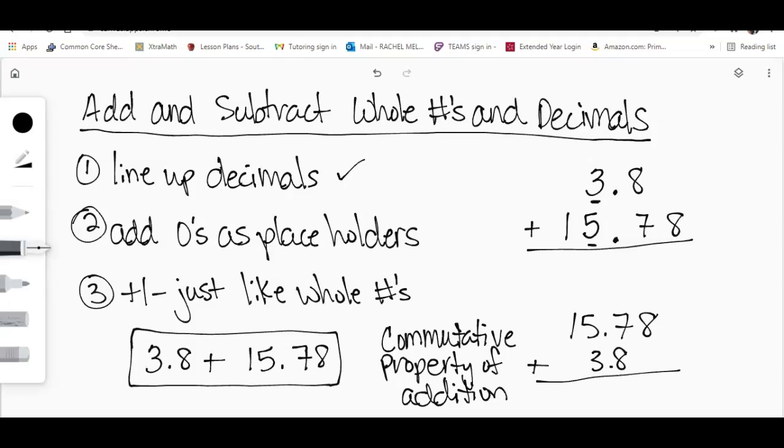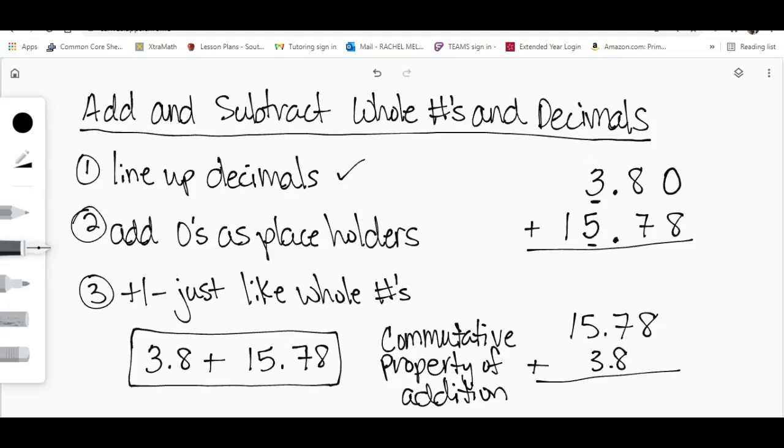Remember, if I add a 0 after a decimal point and there are no other digits after the 0, I am not changing my value. So if I add a 0 right here, I am not changing the value of 3 8/10. 3 8/10 is still the same as 3 80/100.